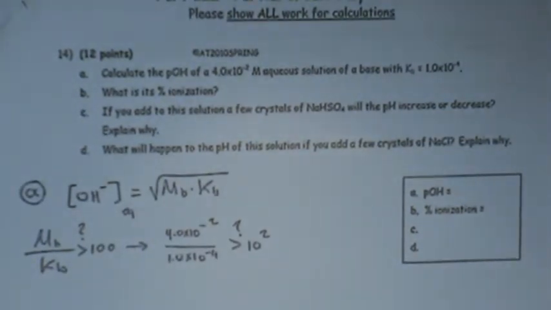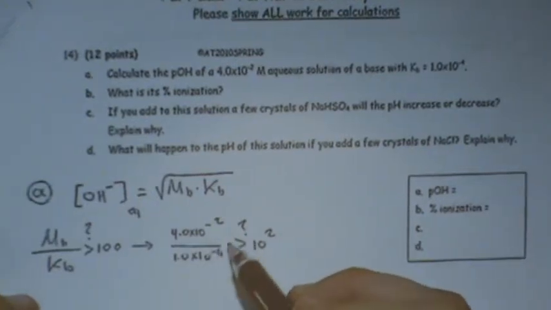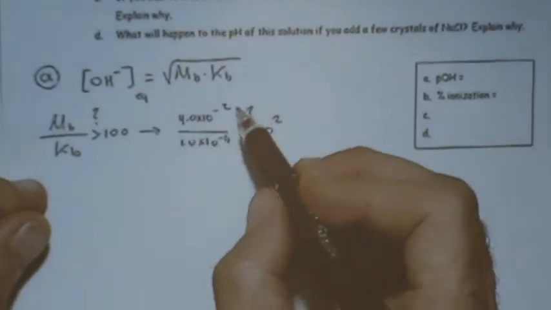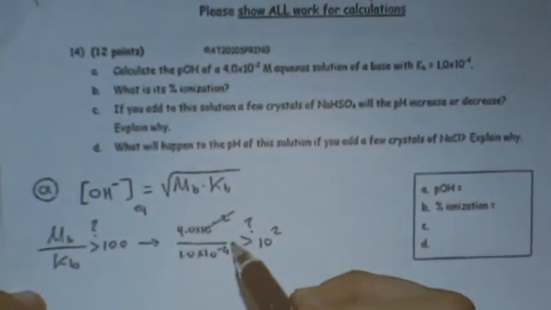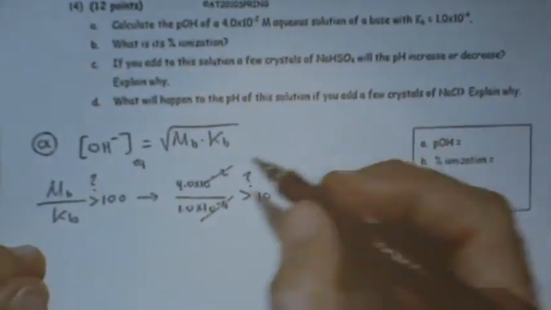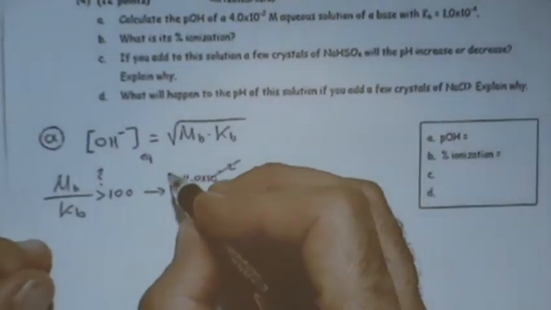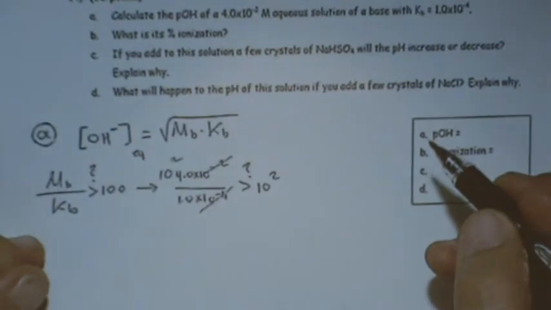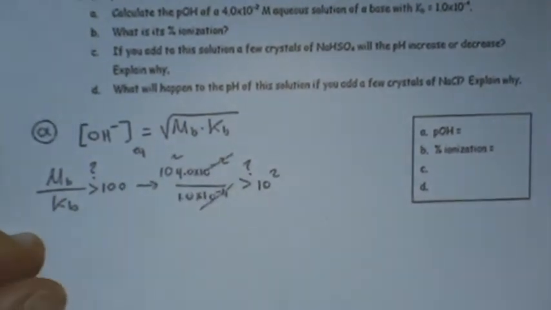You can really do this fast. The ratio is 400, which is larger than 100.